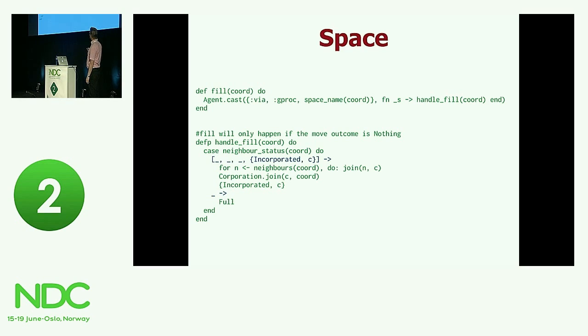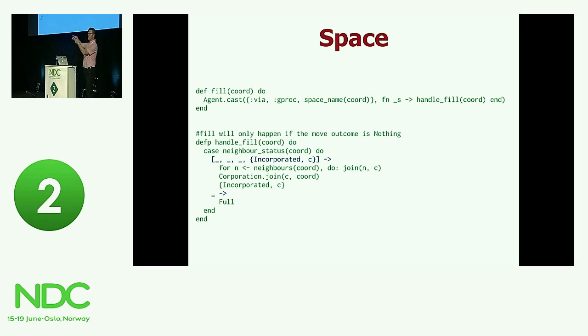So you fill it out, and then you ask the neighbor status here. If there's one of the neighbors that's incorporated already, then the only thing you need to do is tell all the neighbors of this space where you're putting it down that they need to join this corporation, because that's where you're hooking in existing loose tiles to an existing corporation.